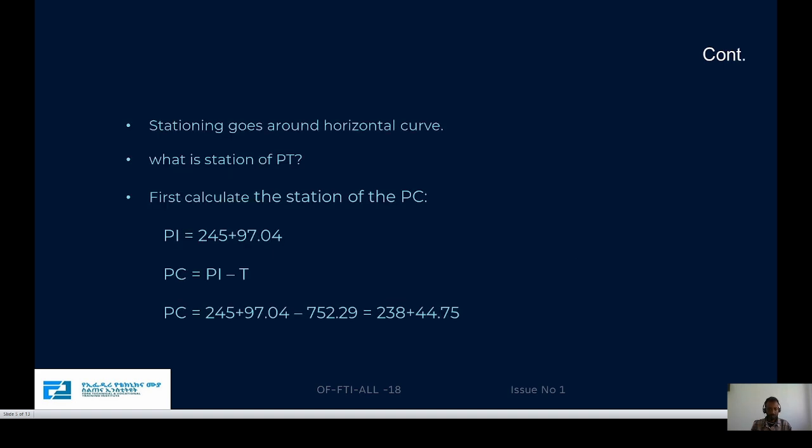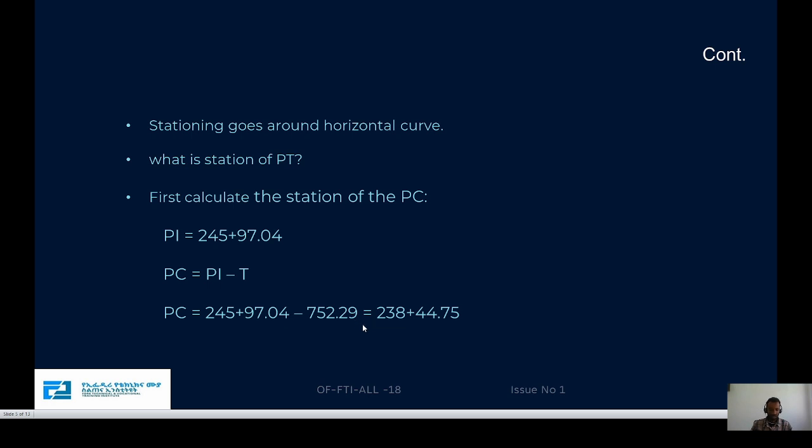And also we can calculate the point of curvature. The point of intersection is already given, 245 plus 97.04, and the point of curvature is equal to the point of intersection minus the tangent. The tangent is already calculated, so 245 plus 97.04 minus 752.29.